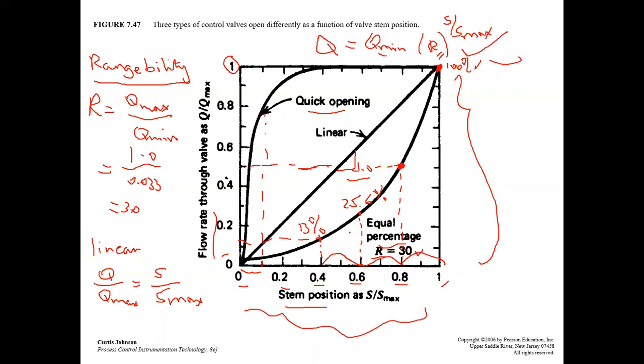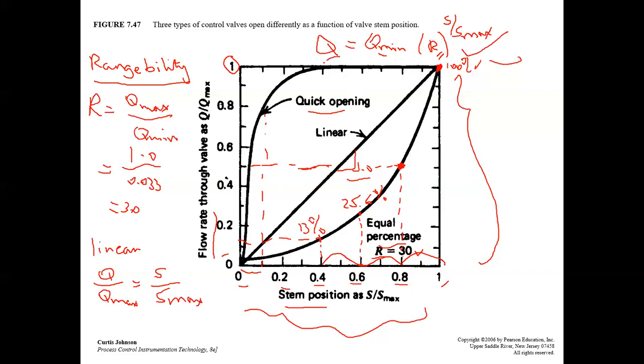We will stop at this point. This is the final lecture. If we have time, you can go on to solve examples regarding rangeability and the flow, and how to find the flow at any point.